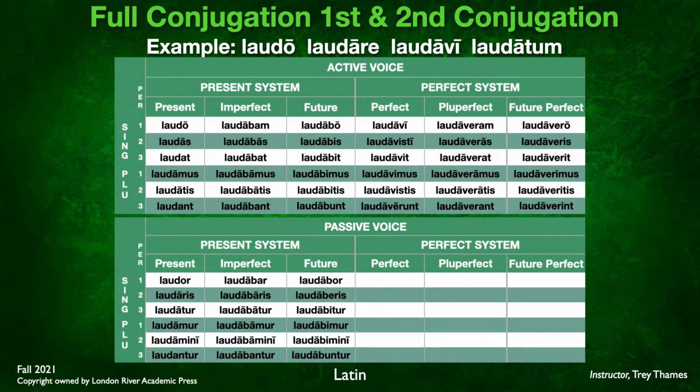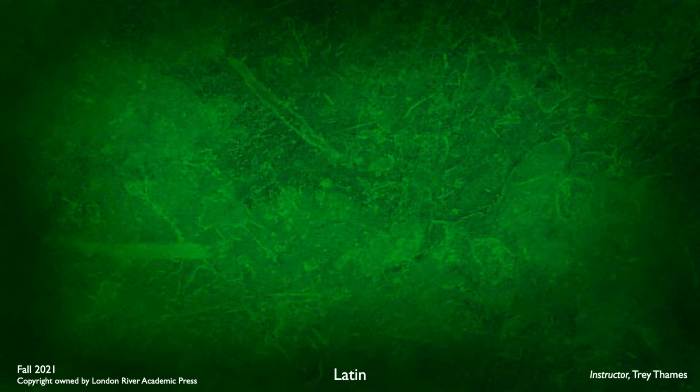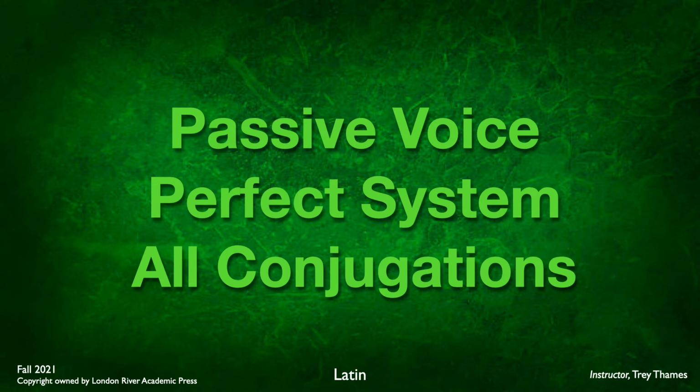Laudo, laudabam, laudabo, laudavi, laudaveram, laudavero. And in the passive voice, which we most recently learned in the present system, laudor, laudabar, and laudabor. And this week, in this current chapter, we'll be learning the rest of these passive forms in the perfect system: perfect, pluperfect, and future perfect. So let's take a look at these forms.